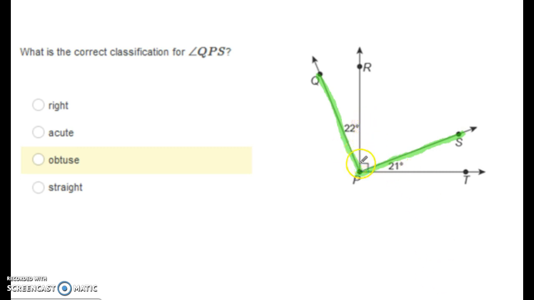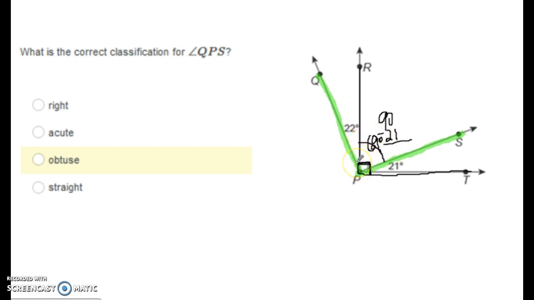What we do know is RPT has to add up to 90 degrees because it has that box. So we could figure out just this angle right here by doing 90 minus 21. Again, that's that angle addition postulate. So this angle has to be 69 degrees.